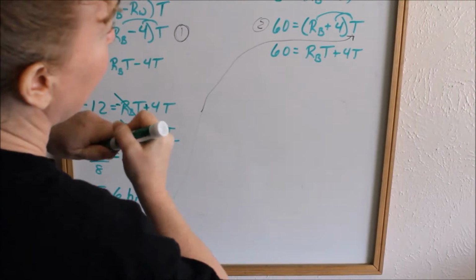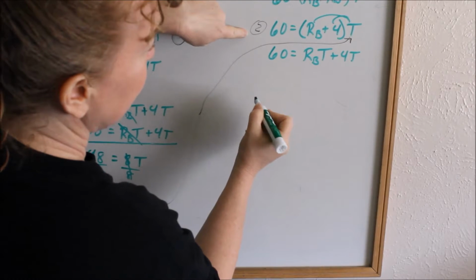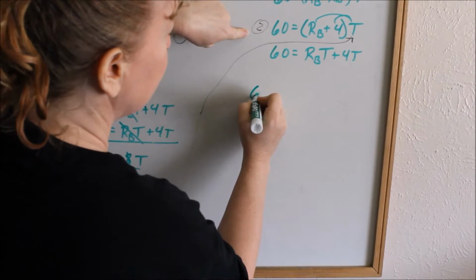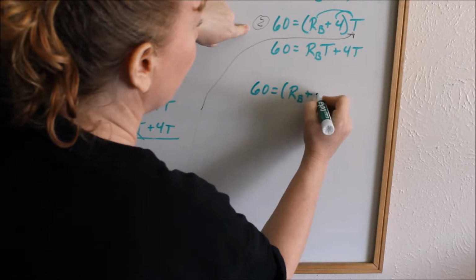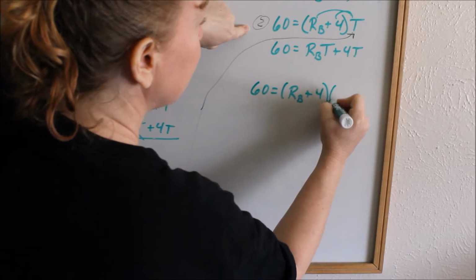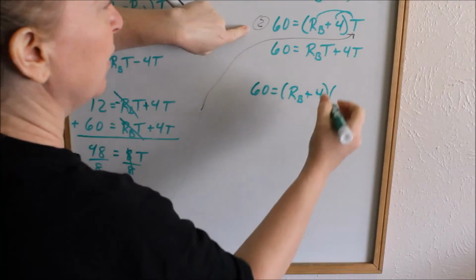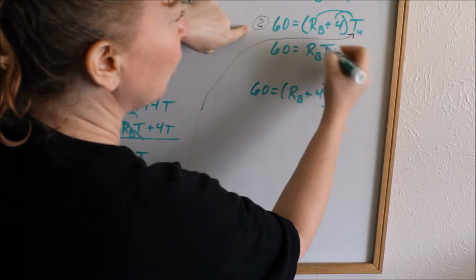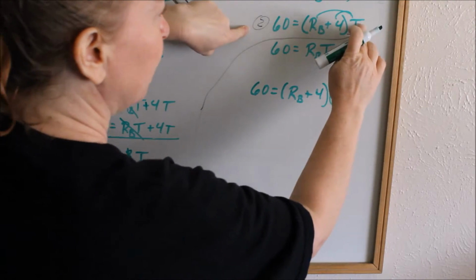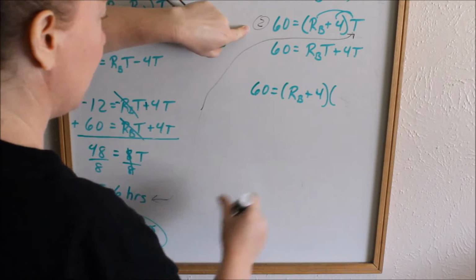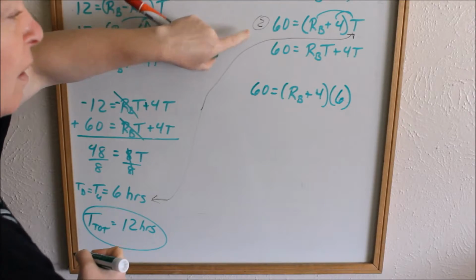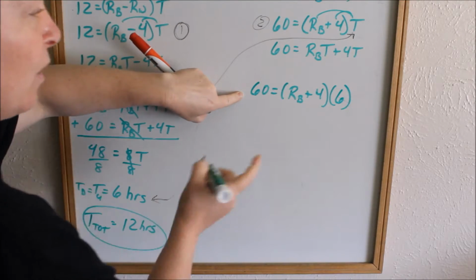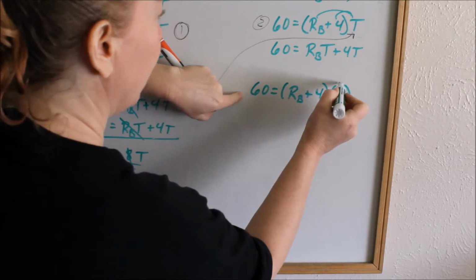So going back to this equation right here, 60 equals the rate of my boat plus 4 times my time of the upstream or the downstream. If you want to leave this as a U, that was fine to help remind you. So my time of my upstream, which was the same as the time of my downstream, was 6. So now I only have one unknown, which is the rate of the boat, and I can solve for that.